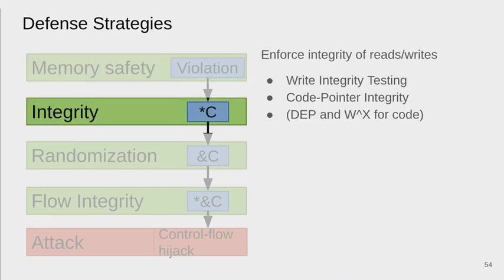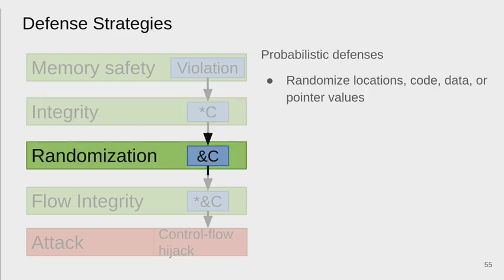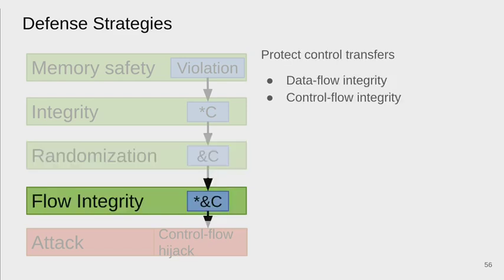We could also enforce the integrity of certain code pointers because we've overwritten the return instruction pointer on the stack. There's code pointer integrity, data execution prevention, and whatnot. Randomization: every time we start the program, we can shuffle the address space a bit and make sure that every time you allocate data or restart the program, it ends up in a different location.